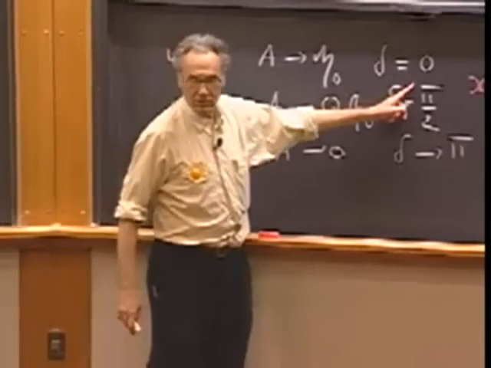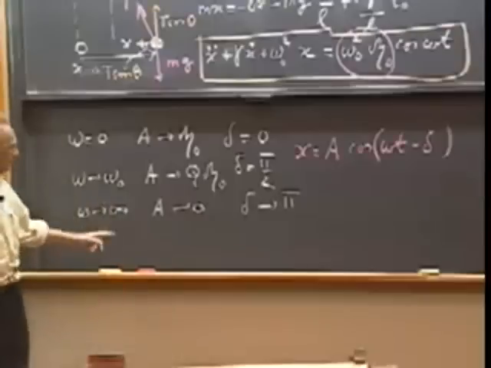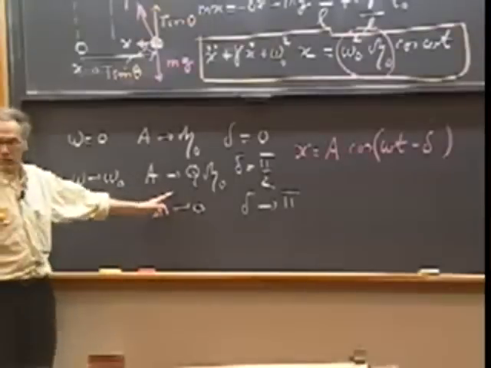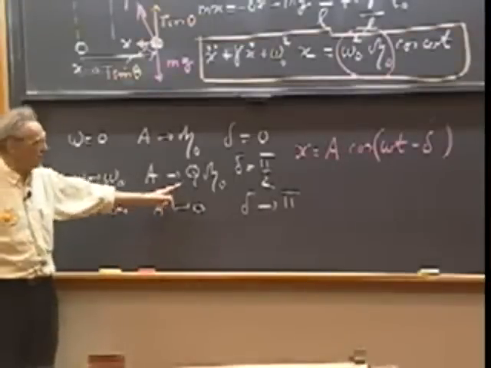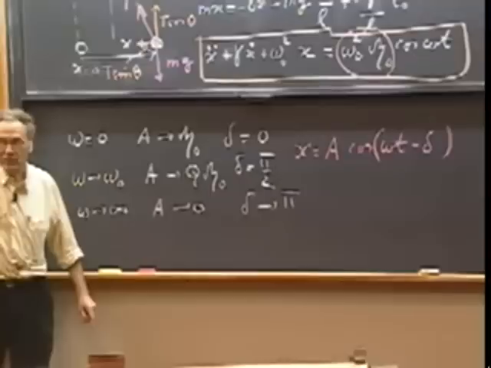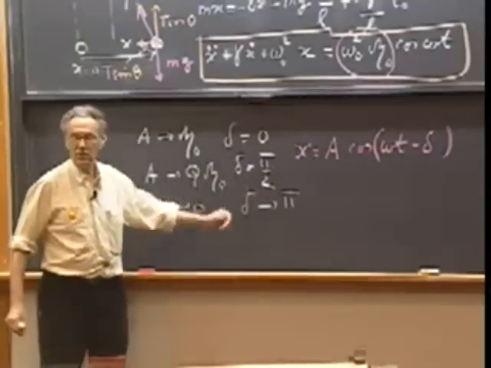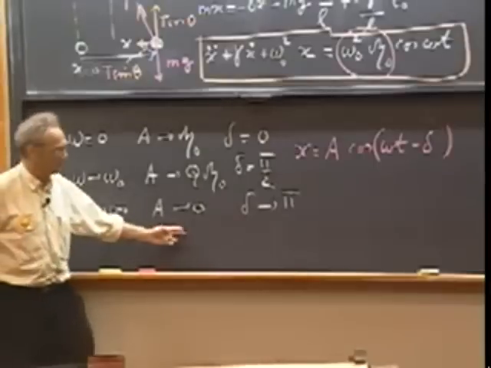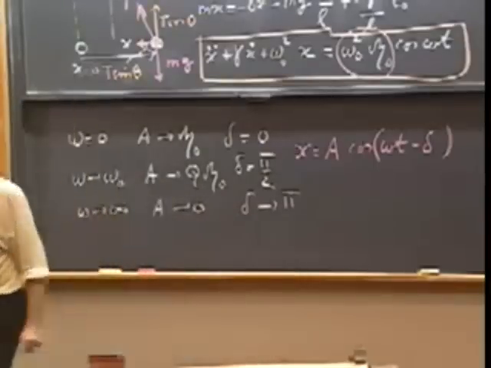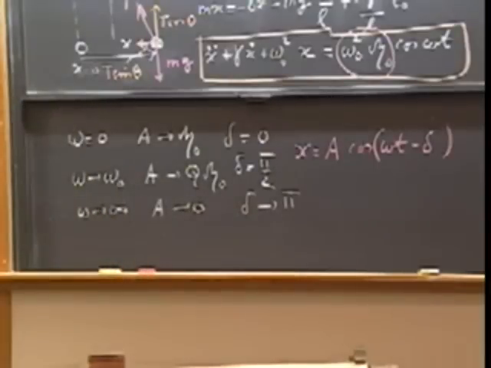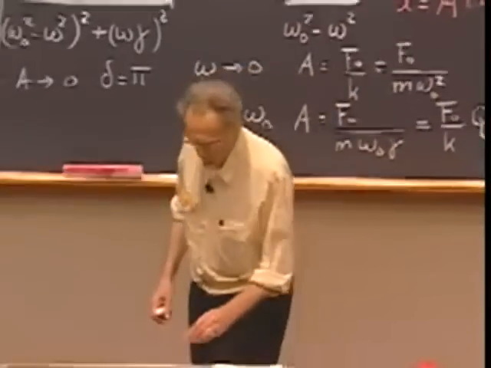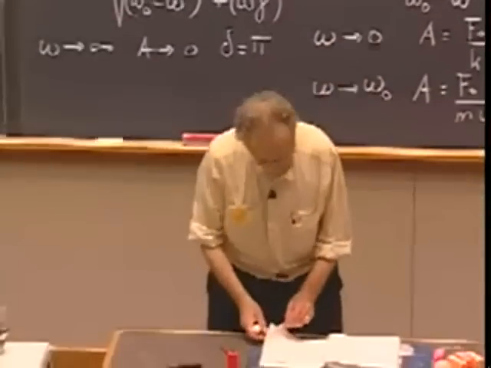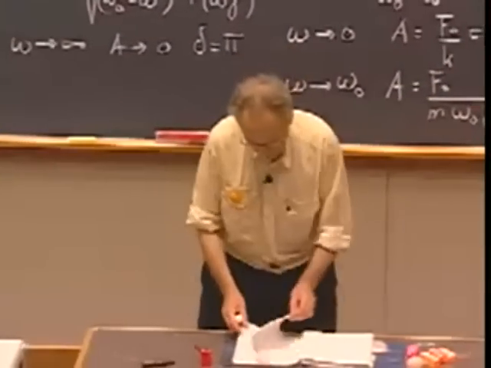It will be 0. When I hit resonance, what will be the amplitude of that object hanging from the spring? Will be Q times higher than my eta 0. What will be the phase difference? 90 degrees. When I shake like crazy, A will go to 0. So, with a spring, if you shake it like this, which is part of your problem set, you will see exactly the same results that we have there done for a pendulum.